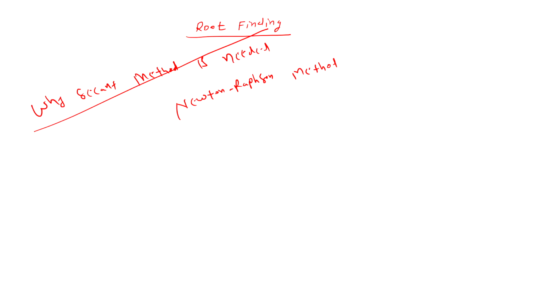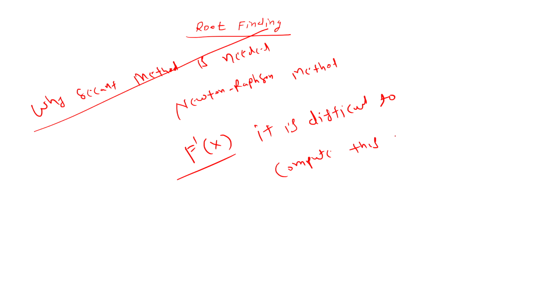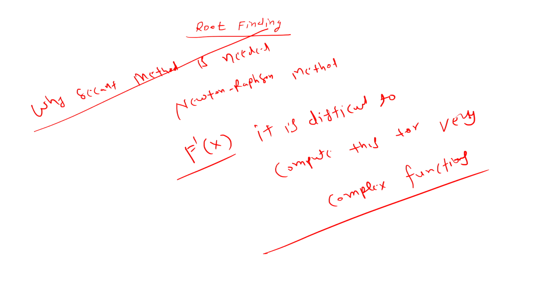The problem with Newton-Raphson method is that we require f prime x, and it is difficult to compute this for very complex functions. So it might not be easy every time to compute f prime x.